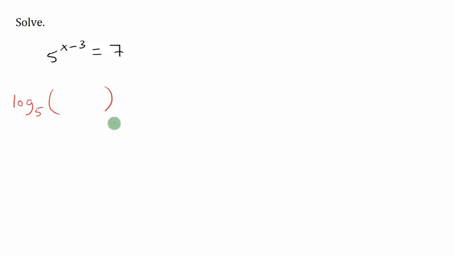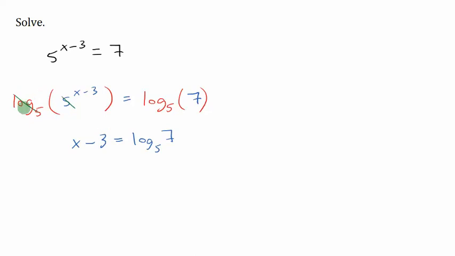But now to keep the equation balanced, because in this problem I'm working in the context of an equation, I have to do the same thing to the right side. So I have log base 5 of 5 to the x minus 3 equals log base 5 of 7. And on the left side, my log base 5 and my exponential in base 5 cancel, leaving behind just the exponent x minus 3. And on the right side, I've got log base 5 of 7.